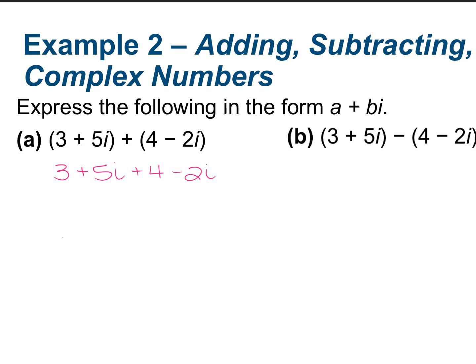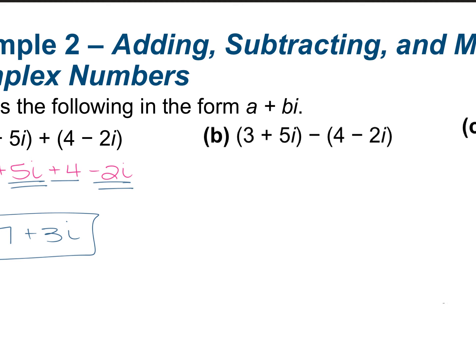From here, you're going to combine like terms and put it in the form of a + bi. So your real part will go first, your imaginary part will go second. So you have 3 and 4, which combine to give you 7. Then you have 5i and -2i, which give you positive 3i. This is in the form of a + bi, so that is your answer.